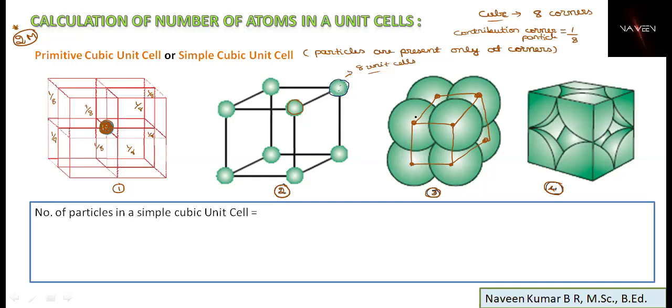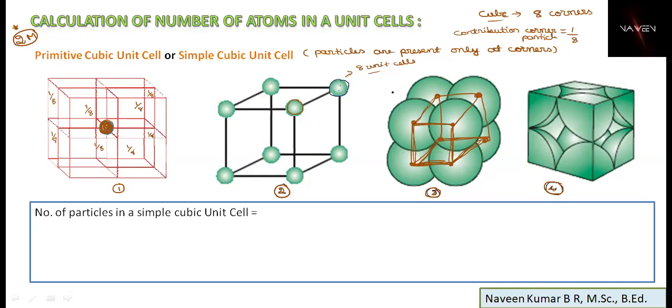Here 4 spheres are observed. Behind, 3 are visible and 1 is invisible here, which I will show with a 3D structure later. First observe the calculation, then I will show with a 3D model how those 8 particles will be visible. I hope this is clear now. So this is how in a primitive unit cell we see the 8 particles present.